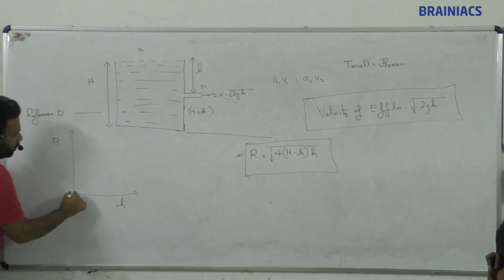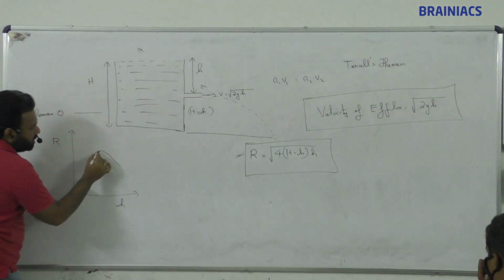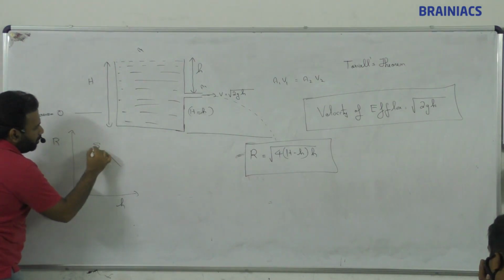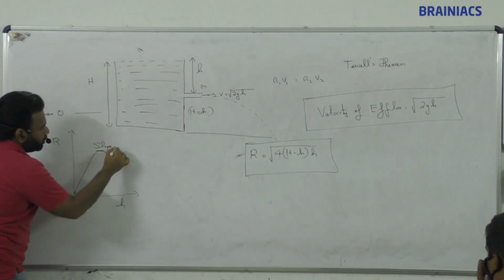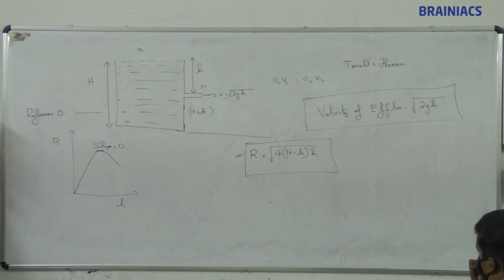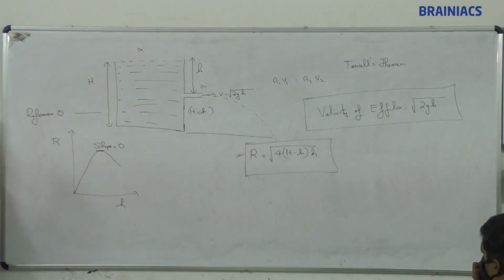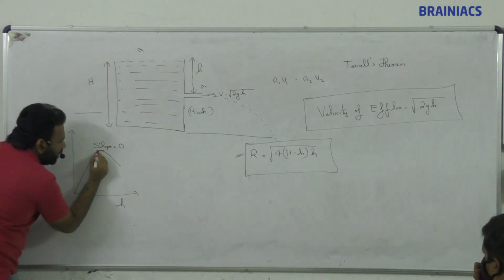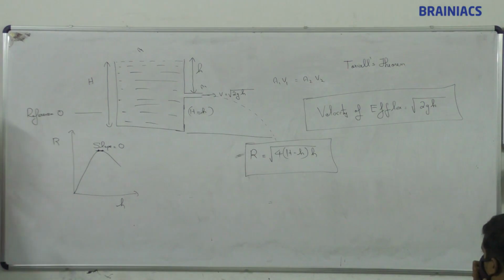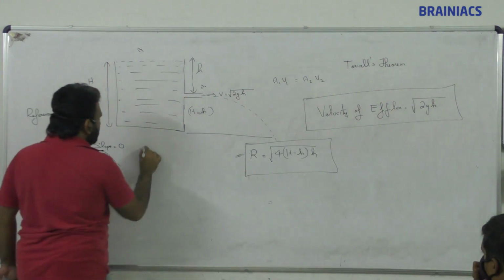As we already know, if we draw a figure like this, slope is equal to 0. Slope is y2 minus y1 divided by x2 minus x1.